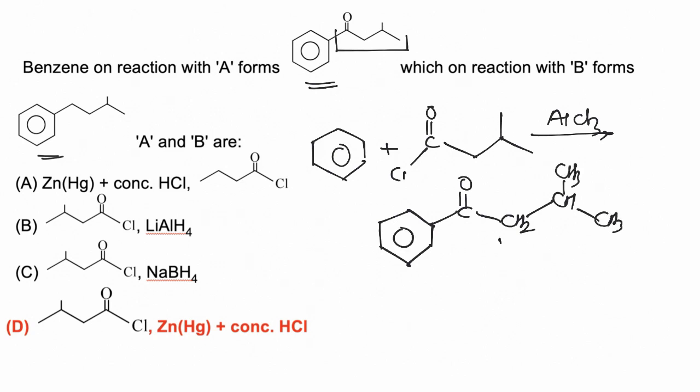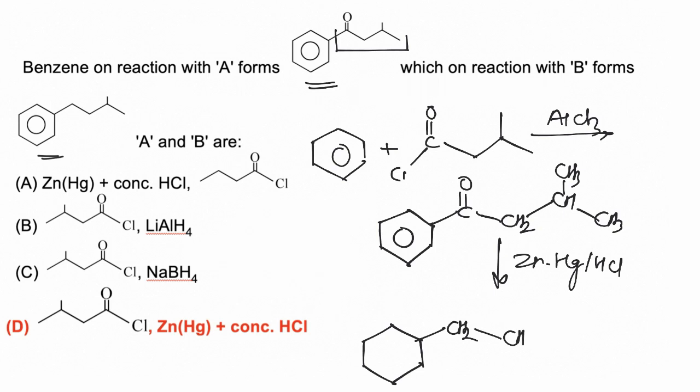Now this molecule has a carbonyl group which on reaction with zinc amalgam and HCl will reduce the carbonyl group to give the final product CH2, CH2, CH, CH3 and CH3, and hence the correct answer is D.